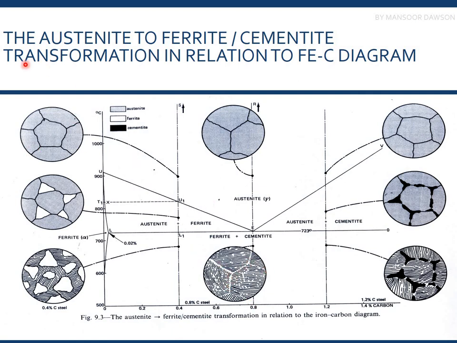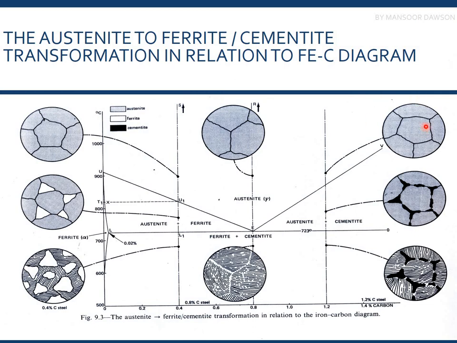But in the hypoeutectoid phase, you can see that the austenite is first having the proeutectoid ferrite phase, which is the lighter region. You can see this region is the proeutectoid ferrite region, and then it is converting into pearlite. So the other lamellae are comprised of all the pearlite.